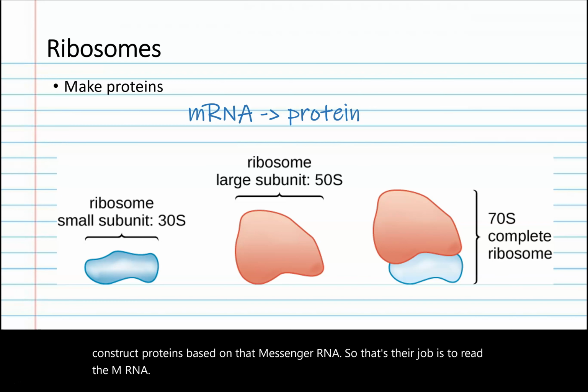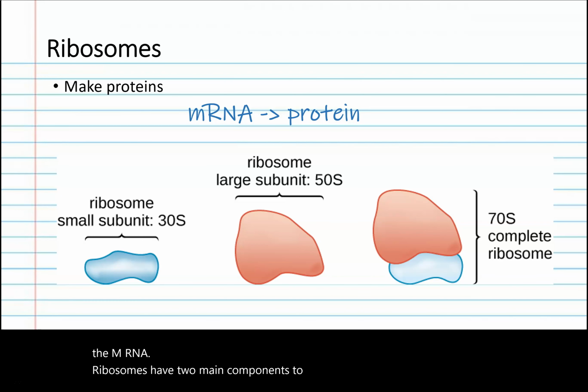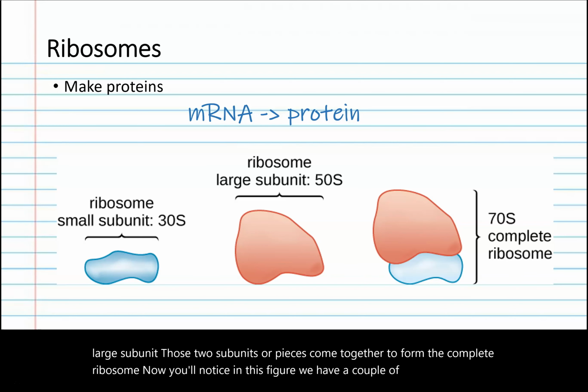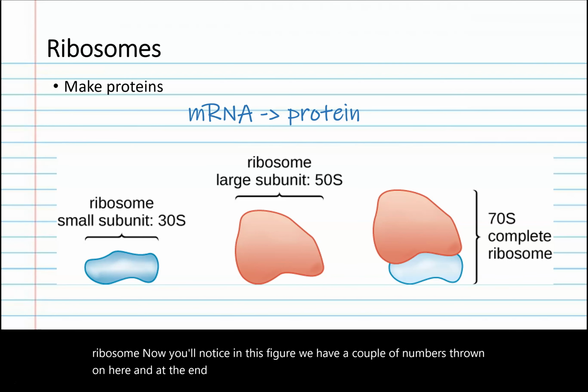Ribosomes have two main components to them. They have a small subunit and a large subunit. Those two subunits or pieces come together to form the complete ribosome. Now you'll notice in this figure, we have a couple of numbers thrown on here. And at the end of each one of those numbers, it says S. So we have 30S, 50S, and 70S. S is for Svedberg unit.